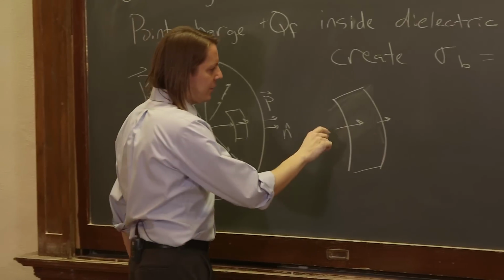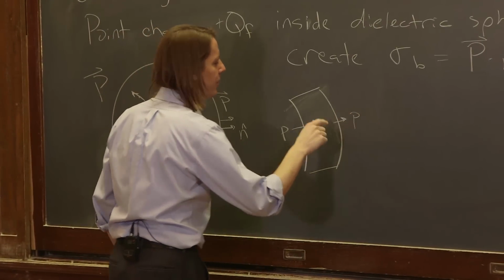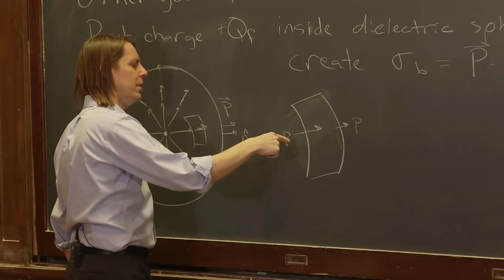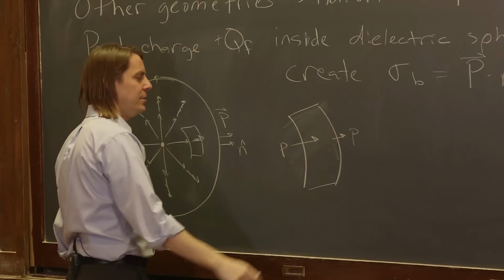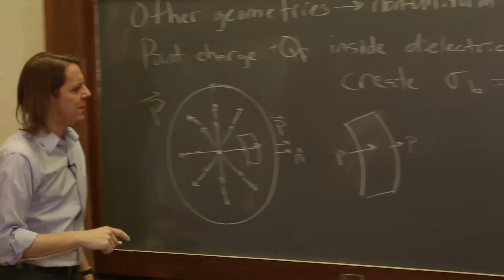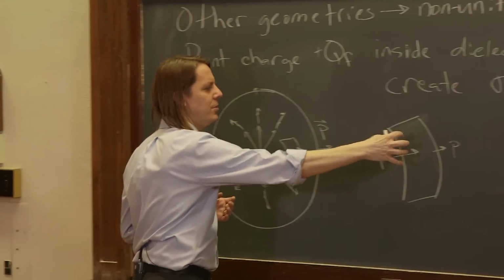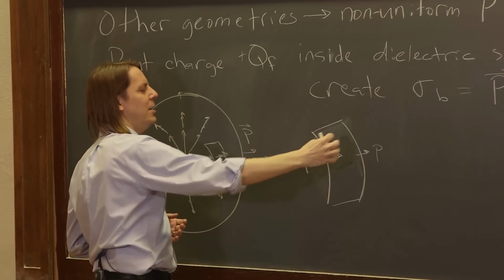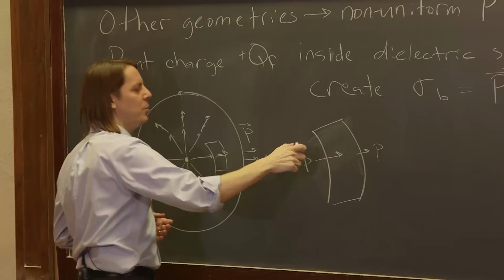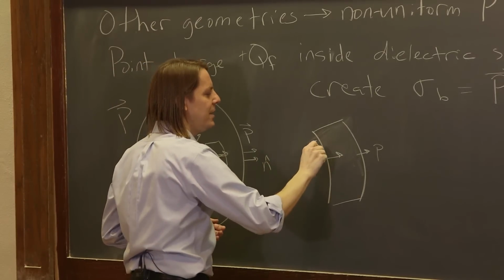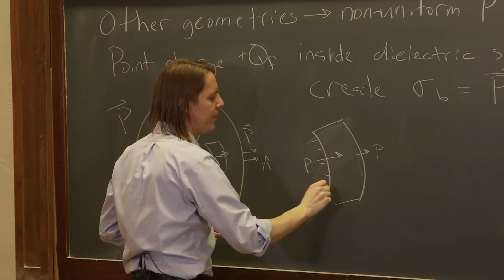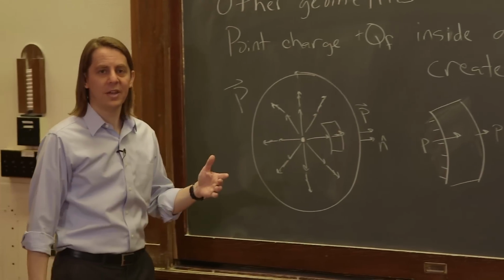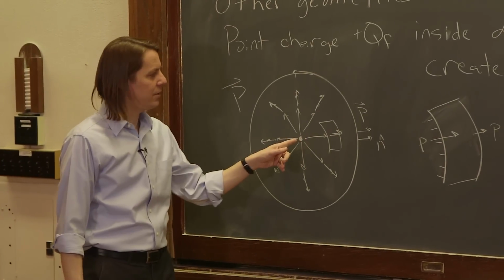Right? So if the polarization field is bigger on one side than the other side, what's that going to do? Well, when it's big, it pushes a lot of charge. So is there going to be negative charge on this surface? Polarization's that way. It means negative charge gets pulled this way. So you'll get a bunch of negatives. I'll draw 6 negatives on that surface because they're being attracted to the positive.